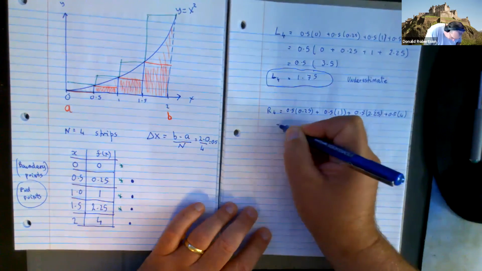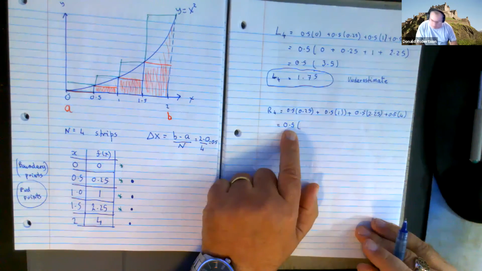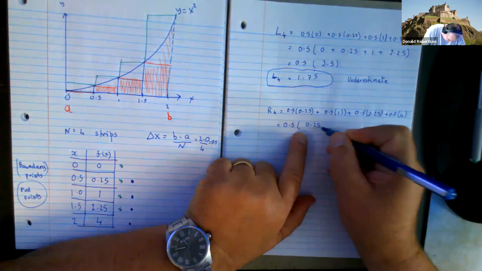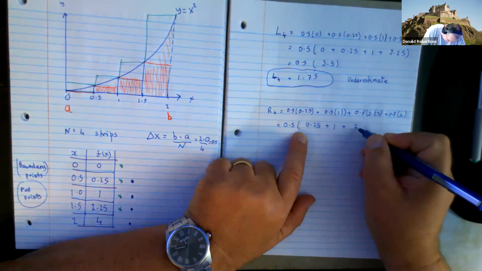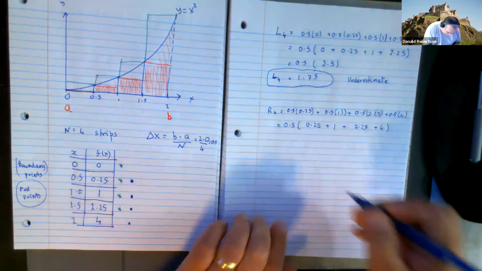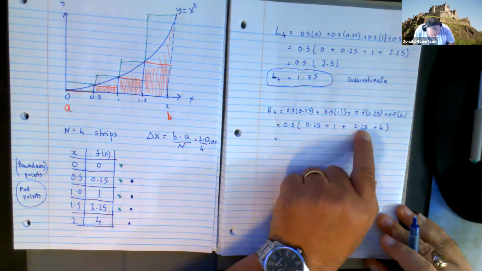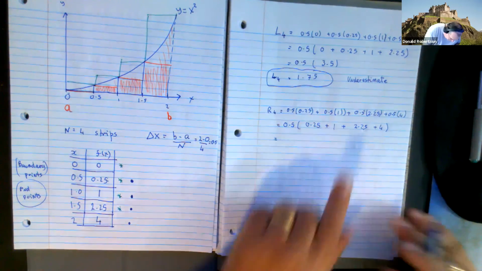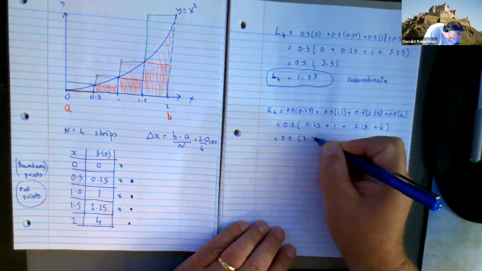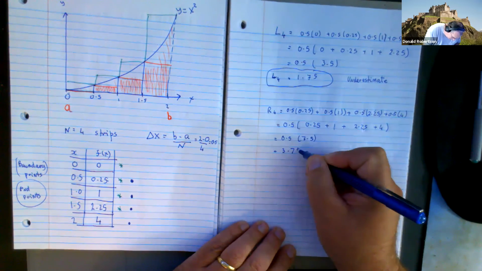And just like before, I only need to add up these once. And what do I get? I get a total of 2.5, 3.5, 7.5, and that comes out to be 3.75.